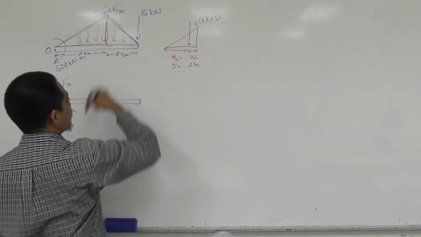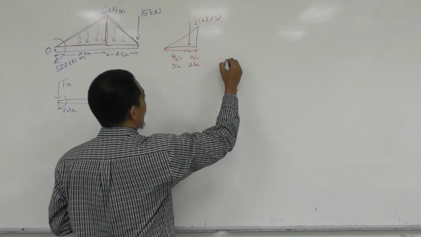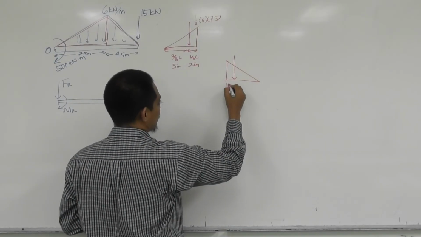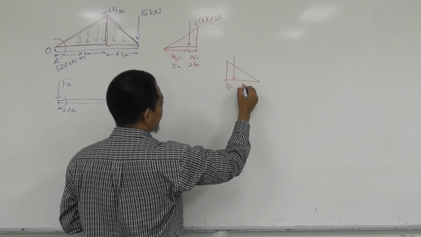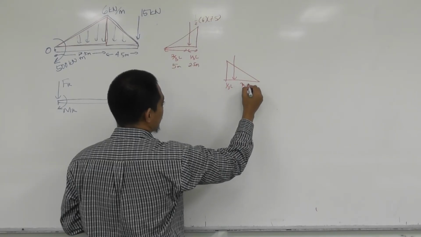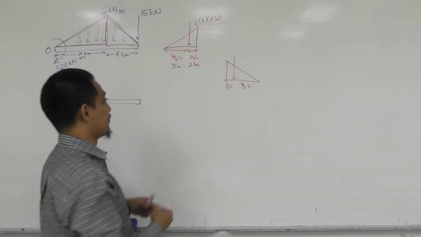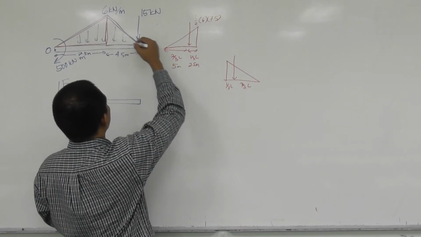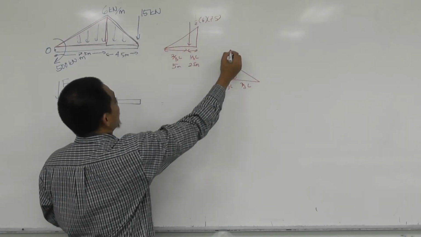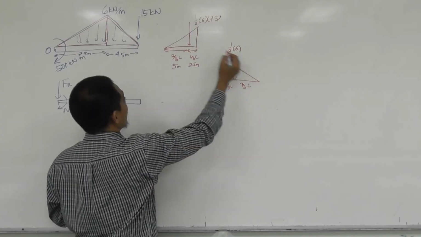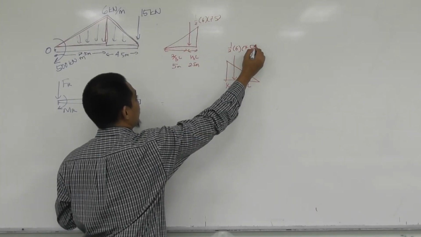For this other triangle, obviously this should be the 1/3 ratio here, 2/3 of the length there. In terms of the value, it's just half times base times height, so it's half times 6 times 4.5.